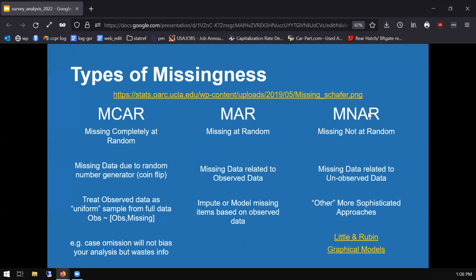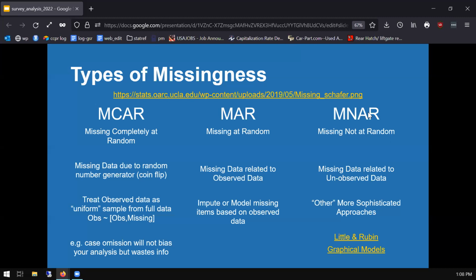I'll try to tie it into this idea of ignorable. Those earlier two questions: whether you should include variables that were used to sample your data, whether it was cluster or strata, if you think it's informative of your sample design, you should include it in your regressions.